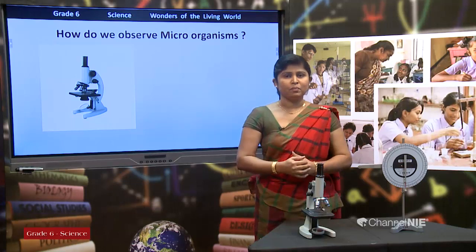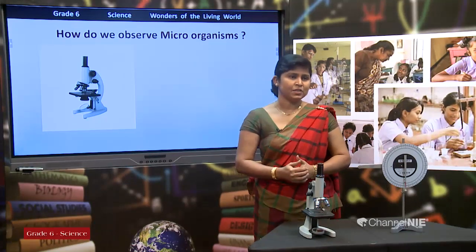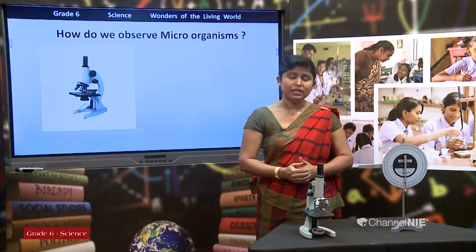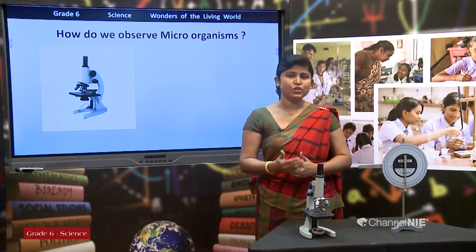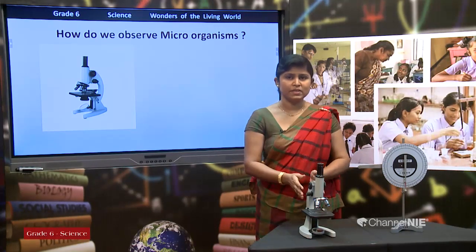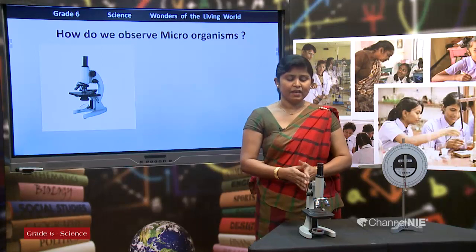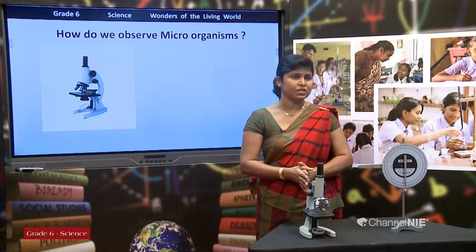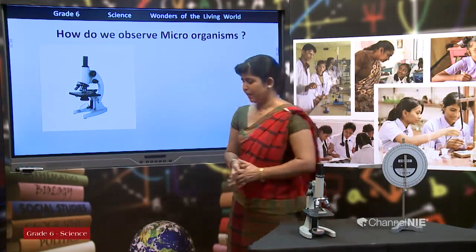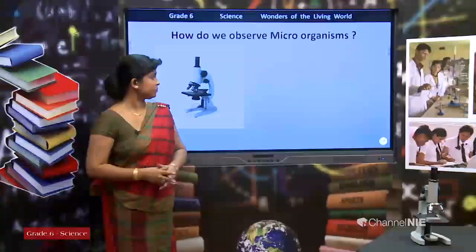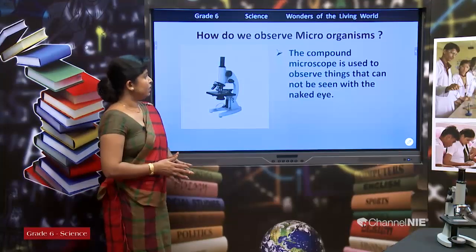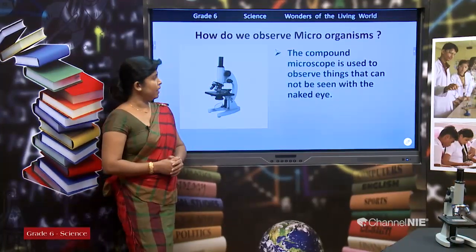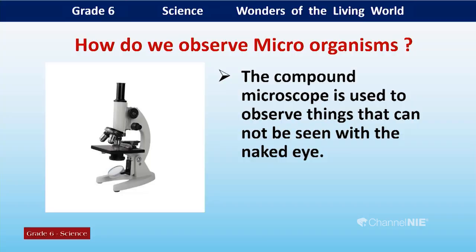If you are with me, I could have done some experiments with you. In the school, your teacher will show you some microorganisms using this light microscope, right? At this moment, you have to identify the light microscope. That's enough. Yes, the compound microscope is used to observe things that cannot be seen with the naked eye.